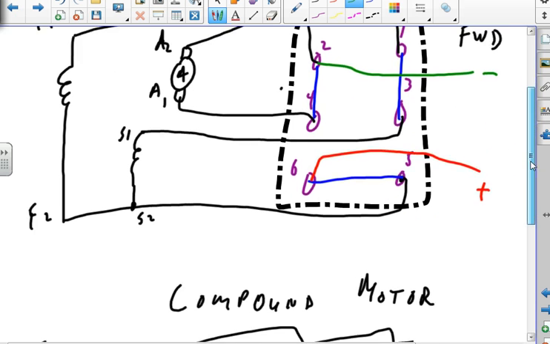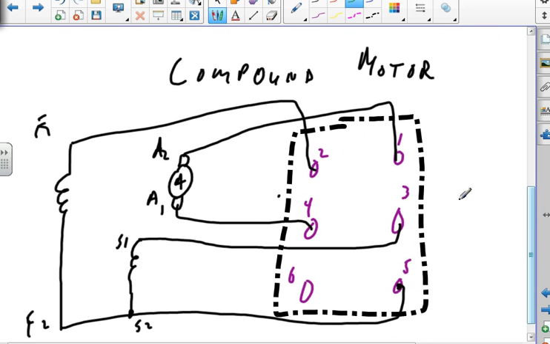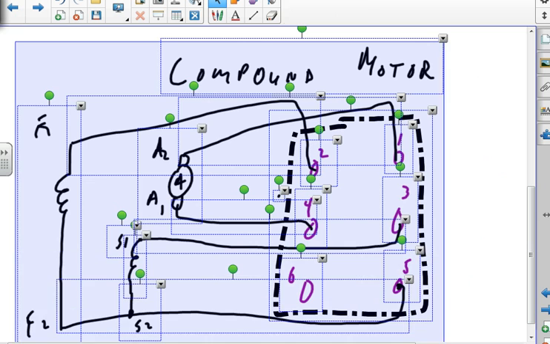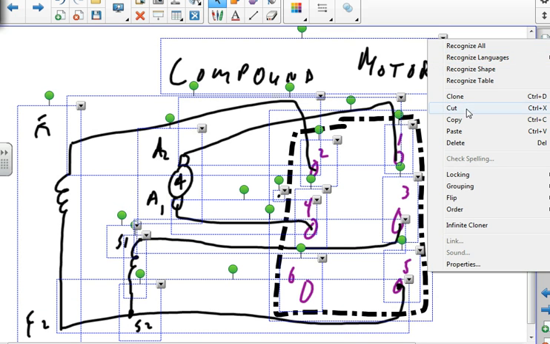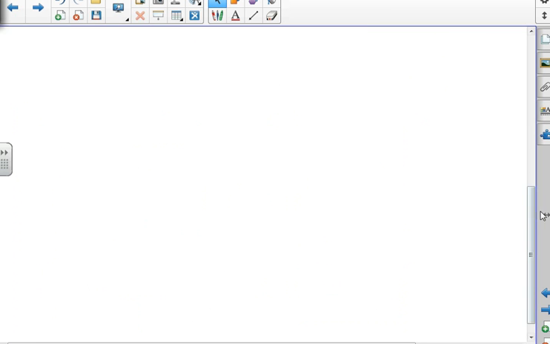Okay. And what we'll do is we'll move this guy down. And now we got some room here.